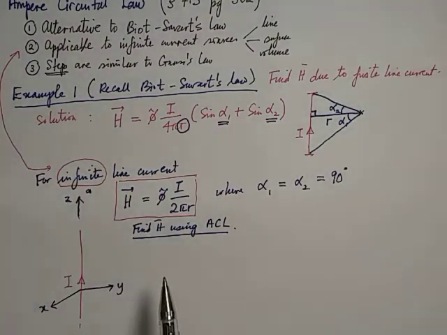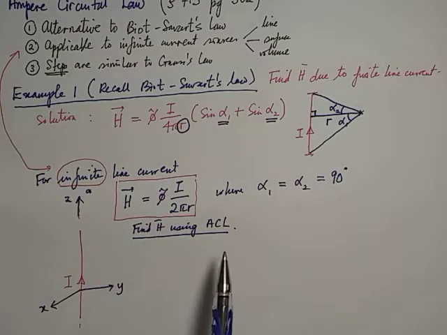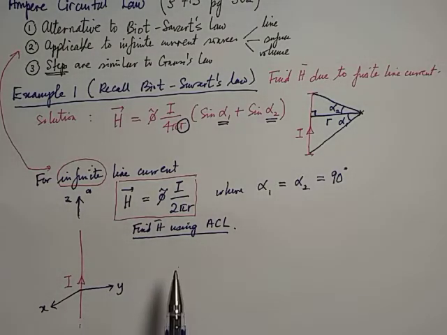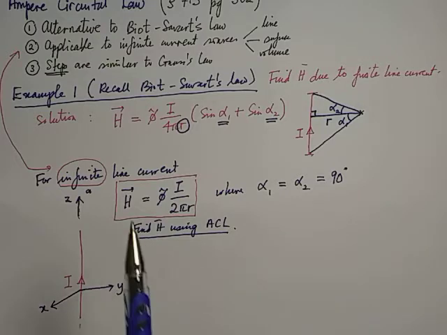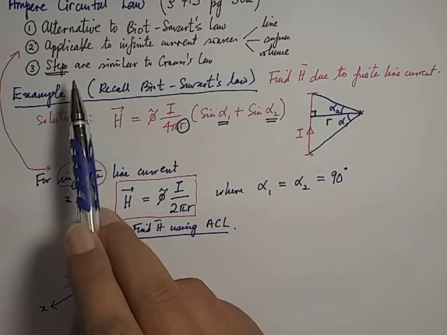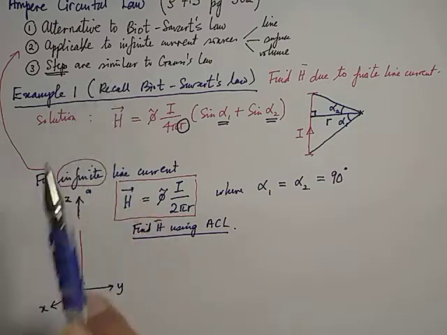Okay, so we want to find h using ACL. Okay, this is our objective now, to find h due to our line current, which is infinite now, but specifically using Ampere Circuital law. Why? Because Ampere Circuital law can be used when we are dealing with infinite line current.